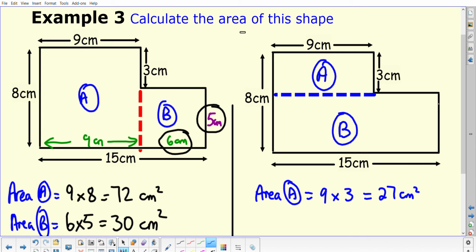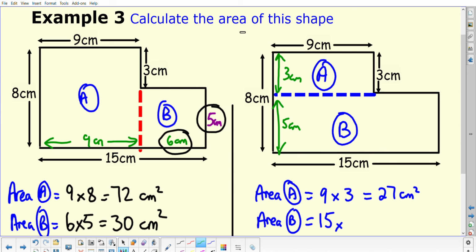And this bottom rectangle, the area B this time, is worked out by doing 15 multiplied by, now we would need this short measurement here. Now it's not 8. Recall a little minute ago that we said if this is 3 centimetres here, it means that this part here would need to be 5.